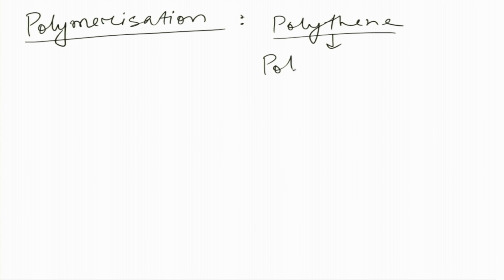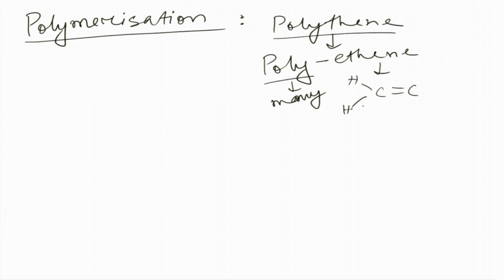Polythene is basically polyethylene. Okay, so poly means many or multiple, and ethene, we know what is ethene. This is ethene. Okay, so when many molecules of ethene join together to form a large structure, it is called polythene.